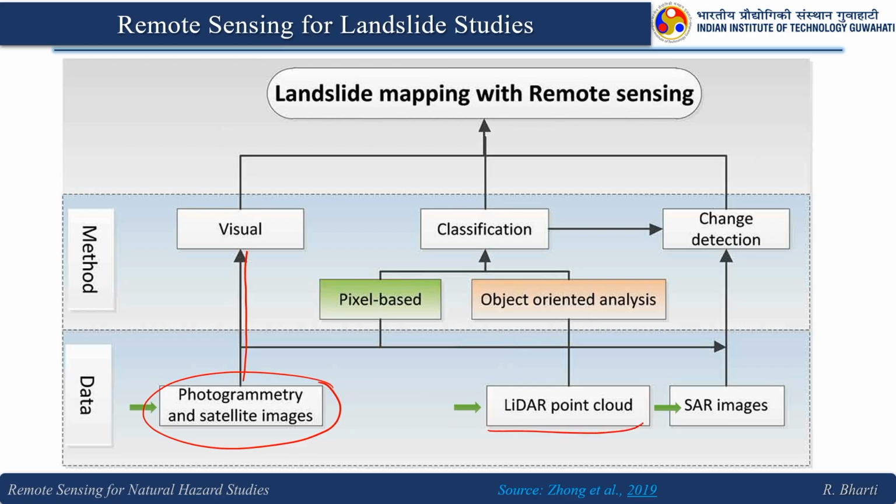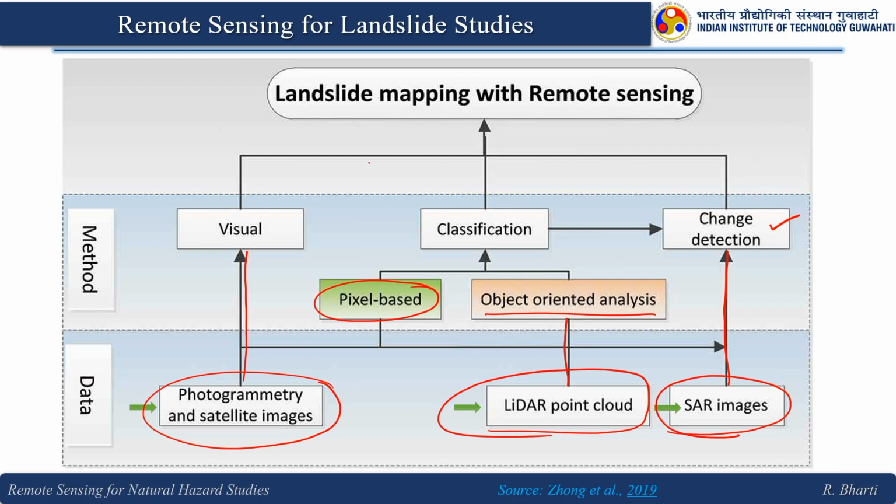When we have lidar point clouds, we can go for the object oriented analysis, and then we have the SAR, we can go for the change detection, and all of these can be integrated together in GIS environment, and then we can go for the pixel based classification, and then we can also go for the object based classification, and both will provide you the opportunity to identify the pre and post conditions of the area.